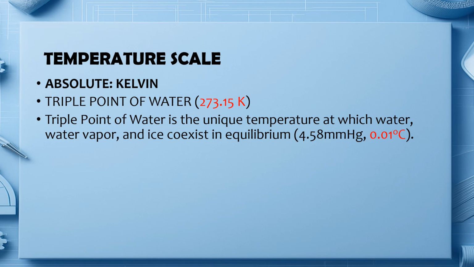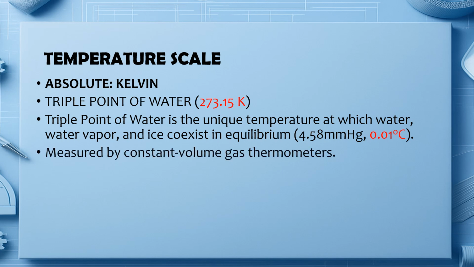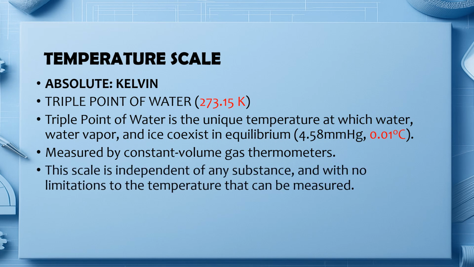The pressure here is 4.58 mmHg and 0.01 degrees Celsius. This is measured by constant volume gas thermometers. This scale is independent of any substance and has no limitations to the temperature that can be measured.